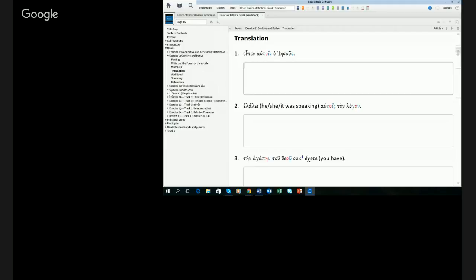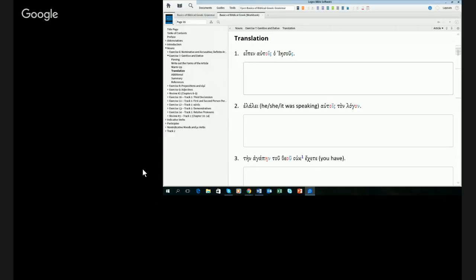We can see the stem letter ending here is omicron. Iota sigma, case ending is dative plural, and it's functioning as the indirect object of the verb apen. So apen autois ho Jesus, Jesus spoke to them. Verb first is fairly typical of Greek. Frequently we would have the subject next and other modifiers later. Jesus spoke to them.